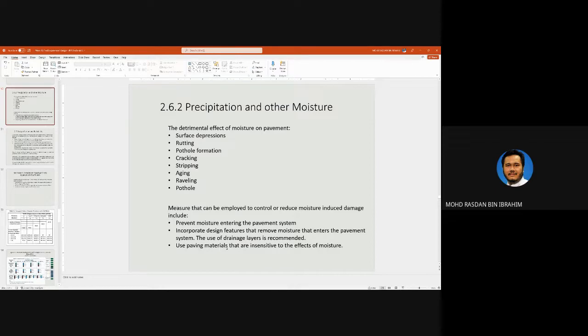Do you still remember paving materials? The most popular comparison is between granite and limestone. Granite is hydrophilic. It attracts water, it absorbs water. Limestone is hydrophobic. It repels water. In terms of strength, granite is better than limestone.